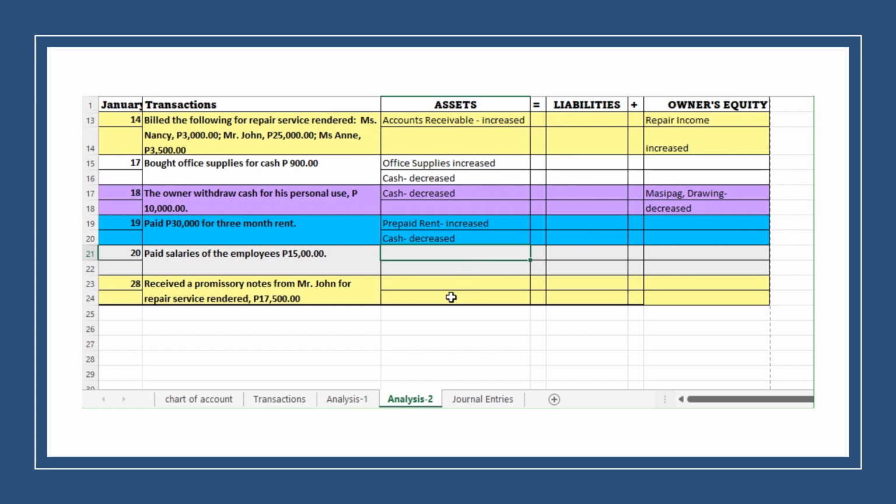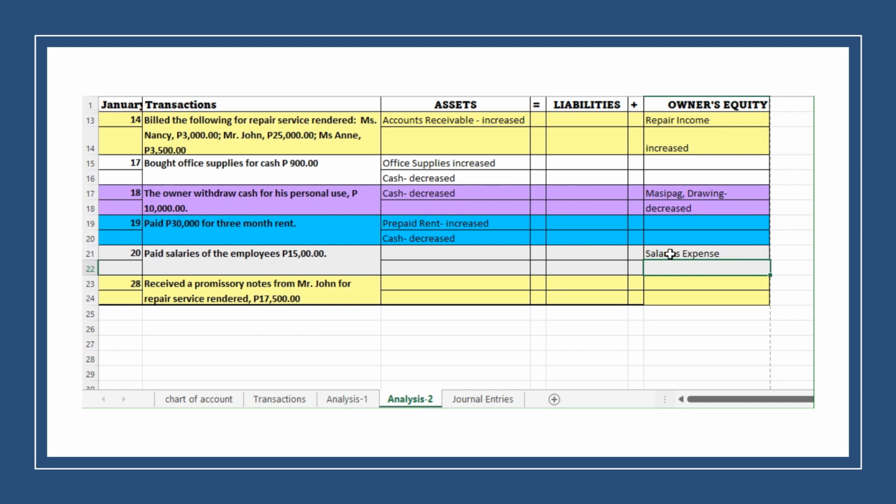Okay, paid salaries of the employees 15,000. Take note again of the word paid. Therefore, our cash will be decreased. So, the first item that we're going to take up is the salaries expense. And this is increase or decrease?